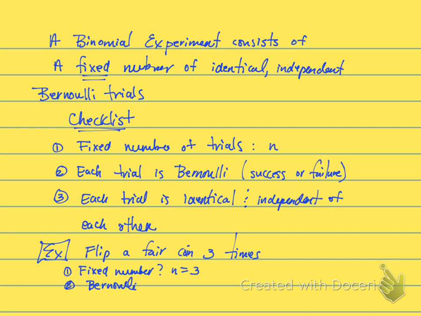Well, in this case, I flip a heads or a tails. I haven't yet determined which one's success or failure, but there are 2 outcomes. And is each trial independent of the others? Yes. If I flip a heads, it doesn't have any effect on the others. So that is an example of a binomial experiment.